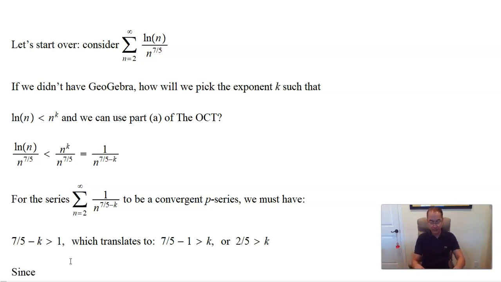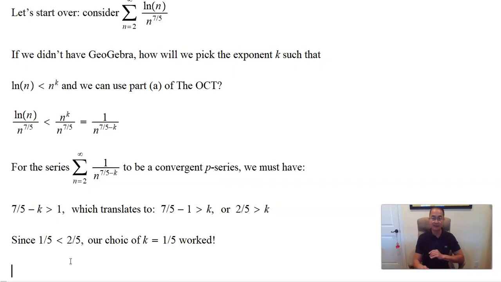We picked 1/5, which is of course smaller than 2/5. Since 1/5 is less than 2/5, our choice of k equals 1/5 works. We already saw that it works. Can we pick anything smaller than 2/5? Sure. There are lots of fractions which are smaller than 2/5. If you want a denominator of 5, you're out of luck, because the only thing smaller is 1 over 5.